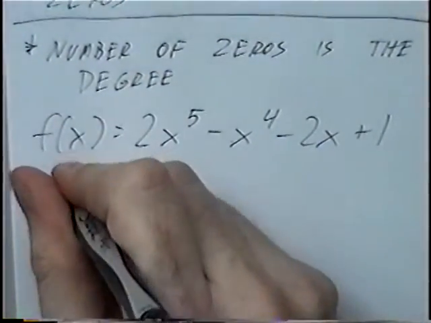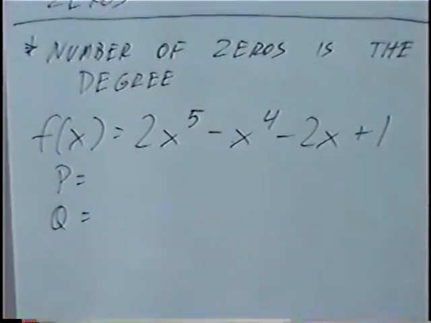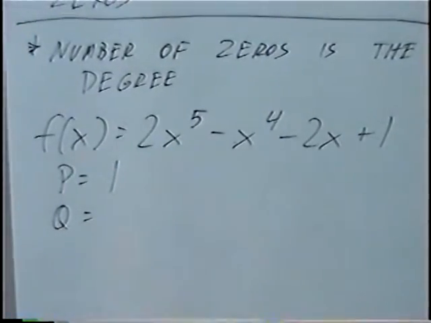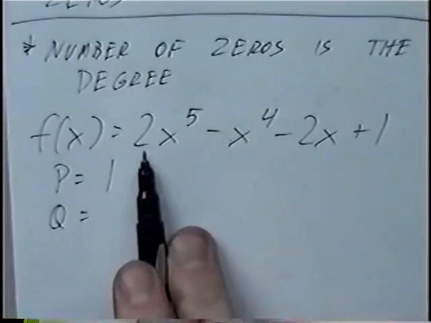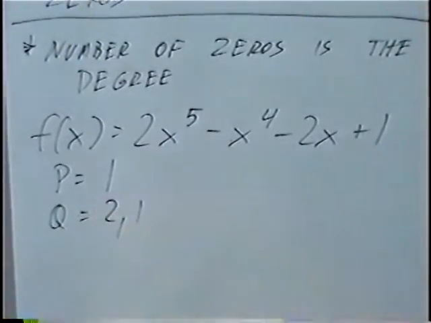First, we'll list off the possible zeros by listing the p's and the q's. The last number, again, constant 1 would be p, and the only factor of 1 is 1. And q, the leading coefficient, number in front of the degree, would be 2, and the factors would be 2 and 1.